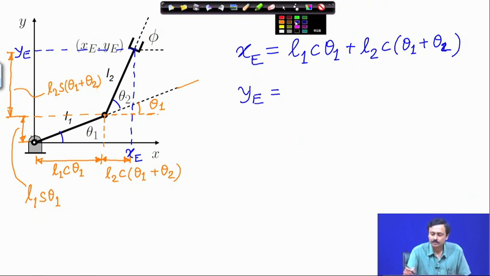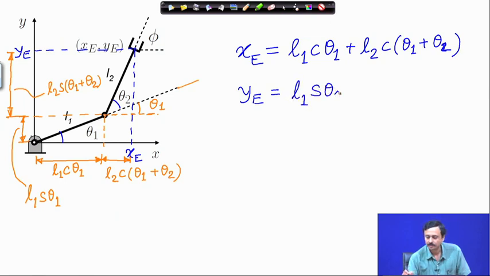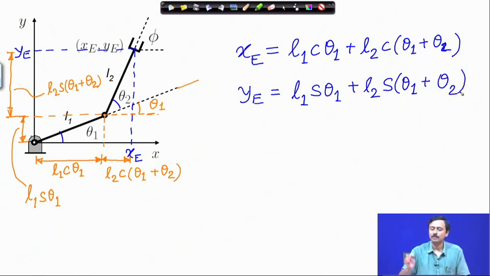Therefore, y e is L1 sin theta 1 plus L2 sin of theta 1 plus theta 2. So, we have expressed our outputs x e and y e in terms of our inputs theta 1 and theta 2.